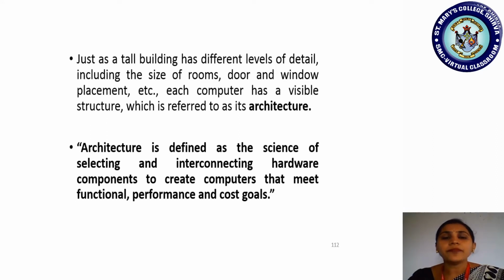So before such designs happen, we have to design in what way, or what components have to be connected, so that the model is functional. Did you all understand? In the same way, any building you take will have some levels of detail.